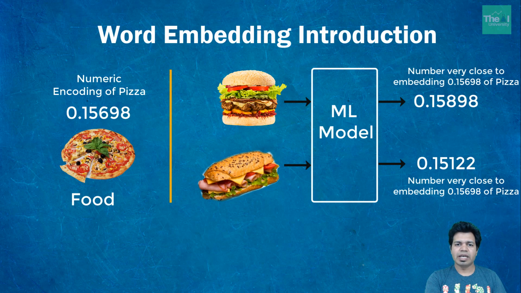If you visualize these numeric encodings in some kind of graphical representation in n-dimensional space, you will find that encodings for these food items are very close together. I will try to create a separate video showing how word embeddings are represented in n-dimensional space. I will be writing some code, so please stay tuned.